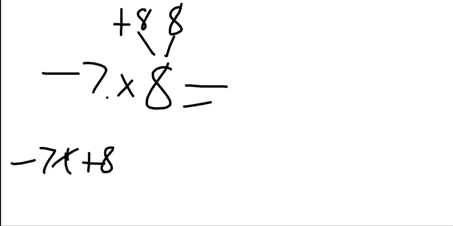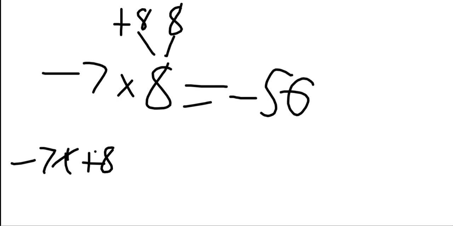So you can say that either in total there is one negative sign, or in total there are three negative signs, because 1 and 2, 3. And we already know that 7 times 8 is 56, and since there are 3 negative signs, and since an odd number of negative signs equates to a minus sign, we can say that negative 7 times 8 equals negative 56. Alright? Now let's look at this problem down here.